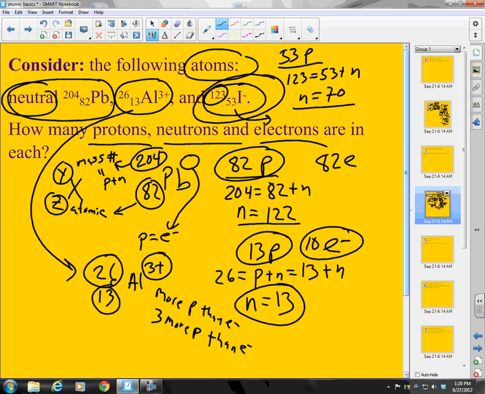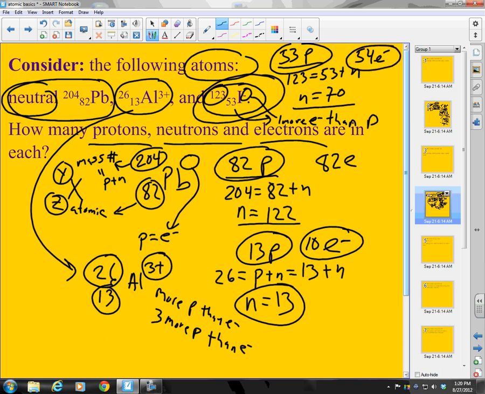Good. And I have a minus 1. The minus means I have more negatives than positives, so I have 1 more electron than protons. If I have 53 protons, how many electrons must I have? I must have 54 electrons.